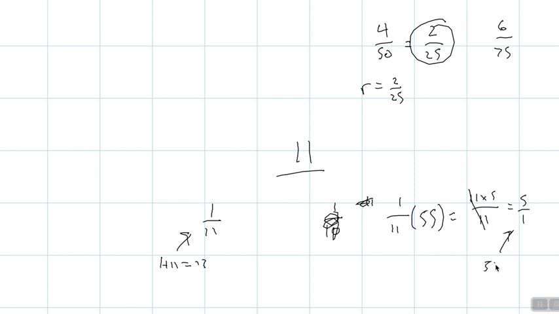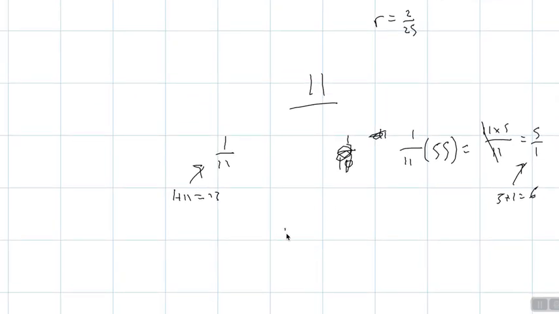Here, 5 plus 1 is 6. The sum is not the same. But when we multiply by 55, 1 over 11 becomes 5 over 1. So it flips: the denominator is decreasing by 10 and the numerator is increasing by 4.